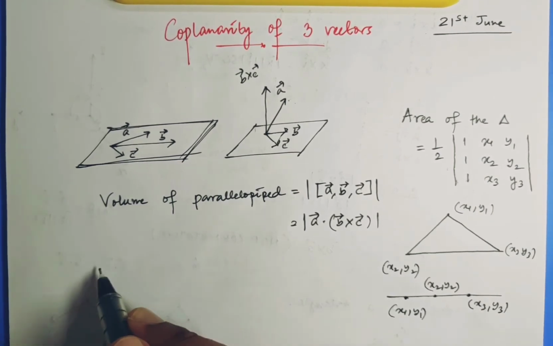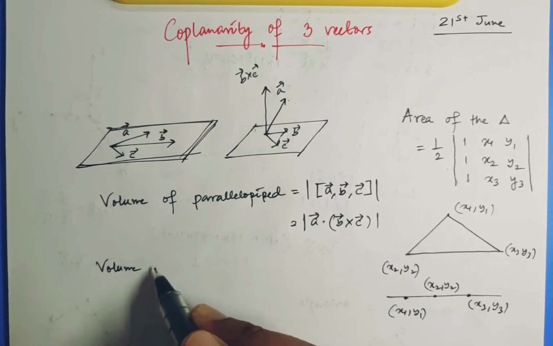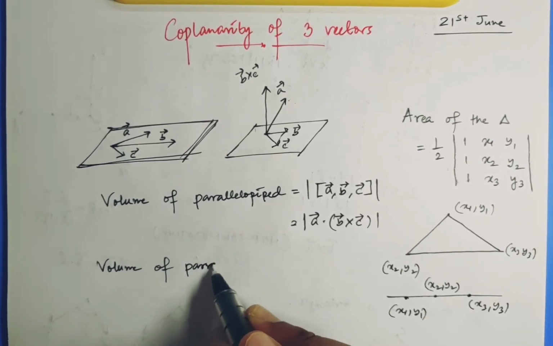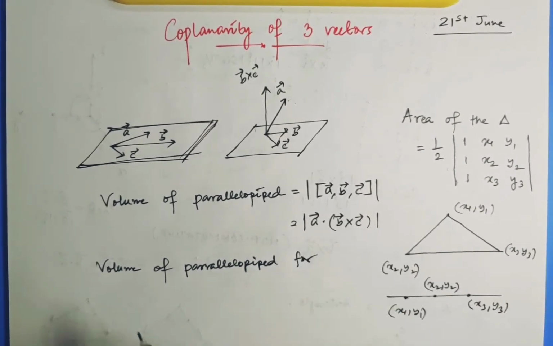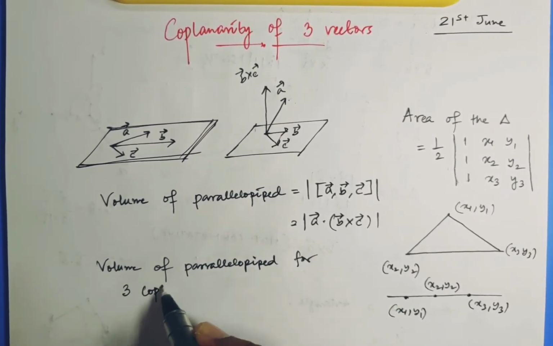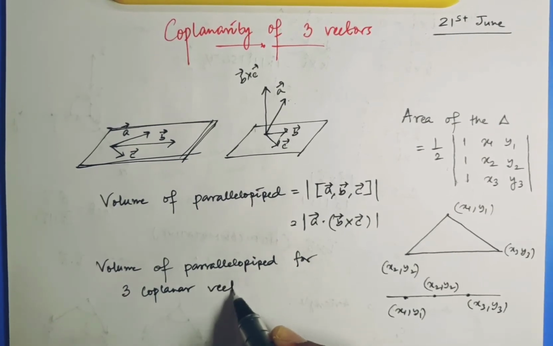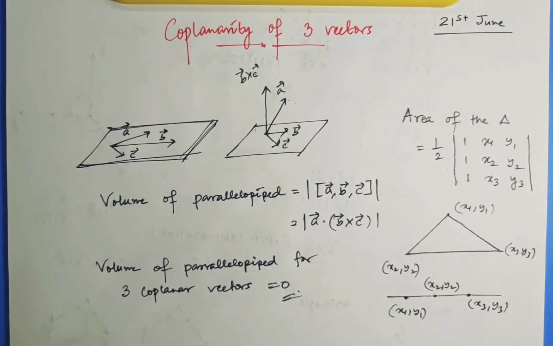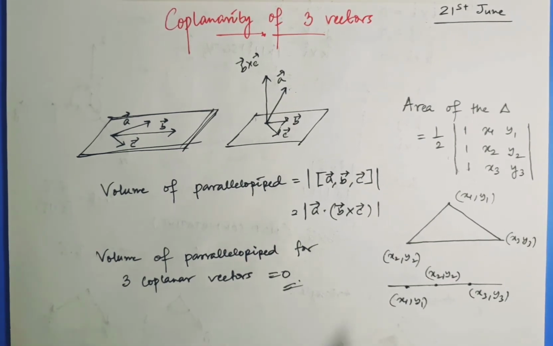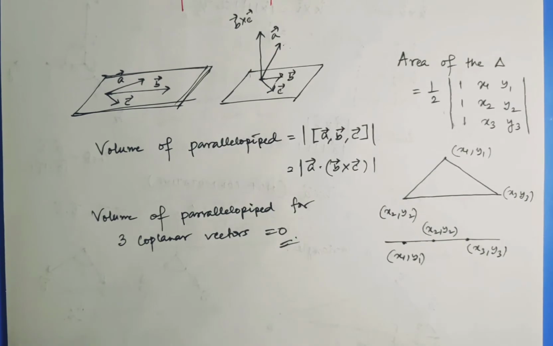So the volume of parallelepiped for 3 coplanar vectors is equal to 0. Very, very important thing. So volume of a parallelepiped for 3 coplanar vectors is equal to 0. So if they have given 3 vectors and they ask you to show whether they are coplanar or not, what expression should I use?